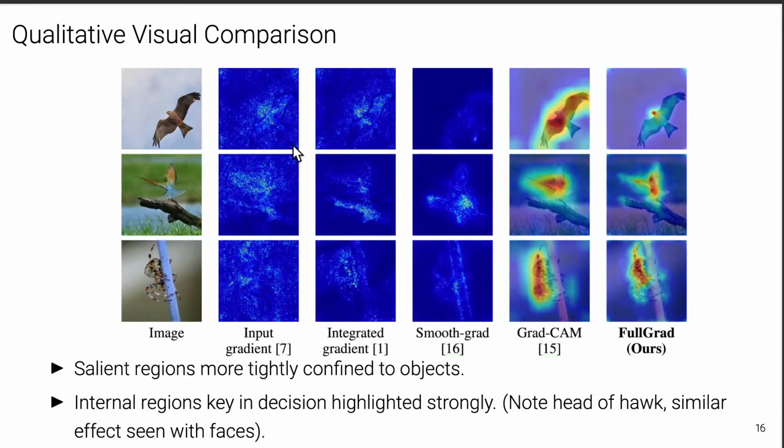Qualitatively it is also better, and the maps are more localized to regions of the image. For example, here the author is saying that because the head is key in determining the network output, we are localizing our saliency better using this methodology.